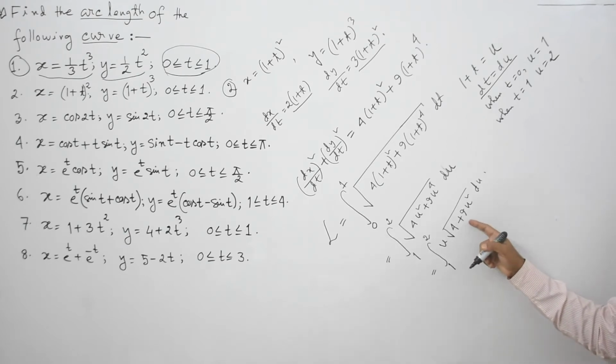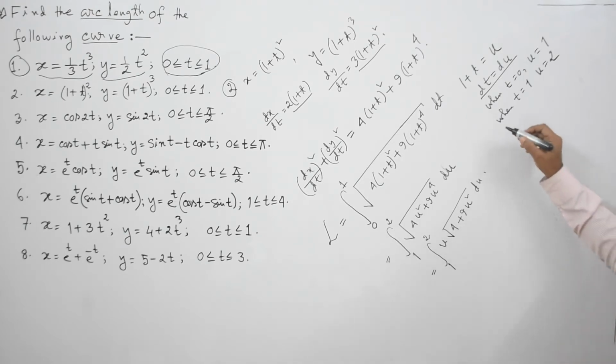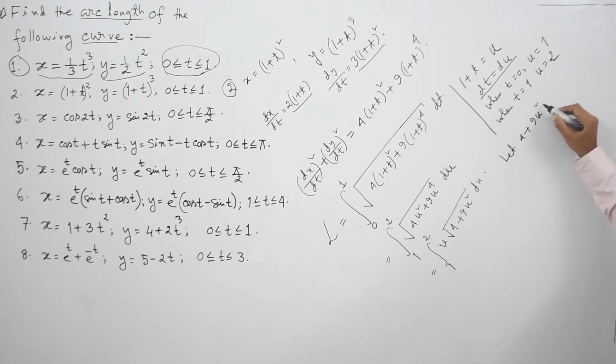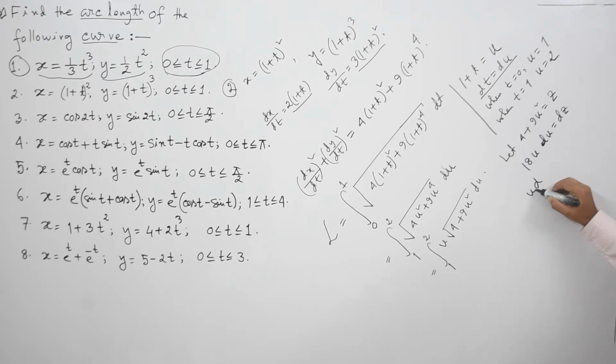Again we can do the z substitution here. Let's say 4 plus 9u square equals z, then 18u, the derivative of 9u square, gives 18u du equals dz. So u du will be dz by 18.